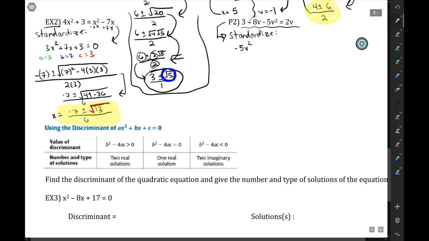We want our other v's next, which would be negative 10v. How did I get that? Well, if you subtract 2v and subtract 2v, then you get negative 10. And plus 3 equals 0. Setting it all up in standard form, and then going ahead, I still like to identify my A, B's, and C's.